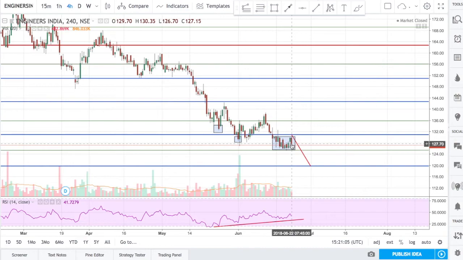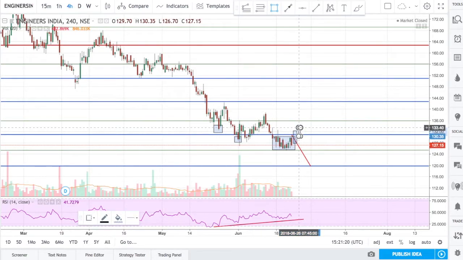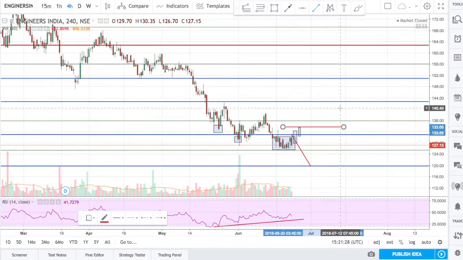The second scenario is for the prices to push above this congestion zone with a strong, convincing higher high candle, after which we can place a trade on the next candle.